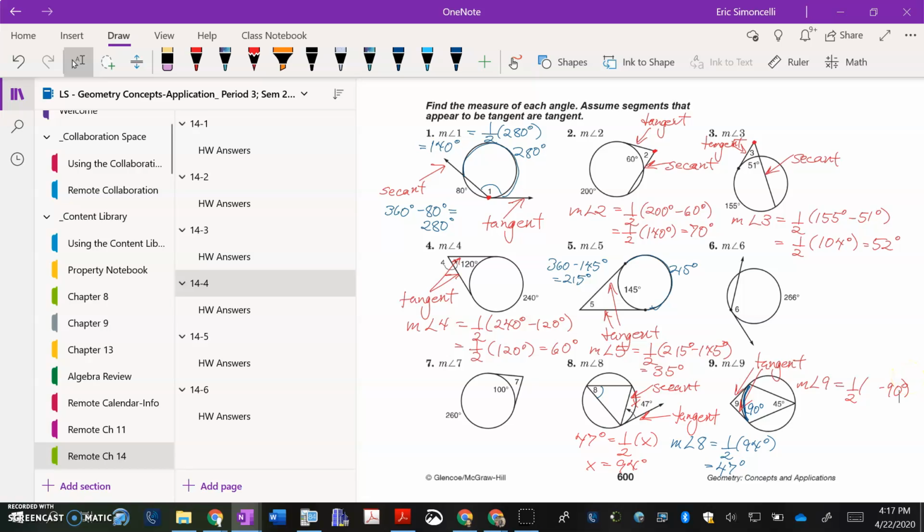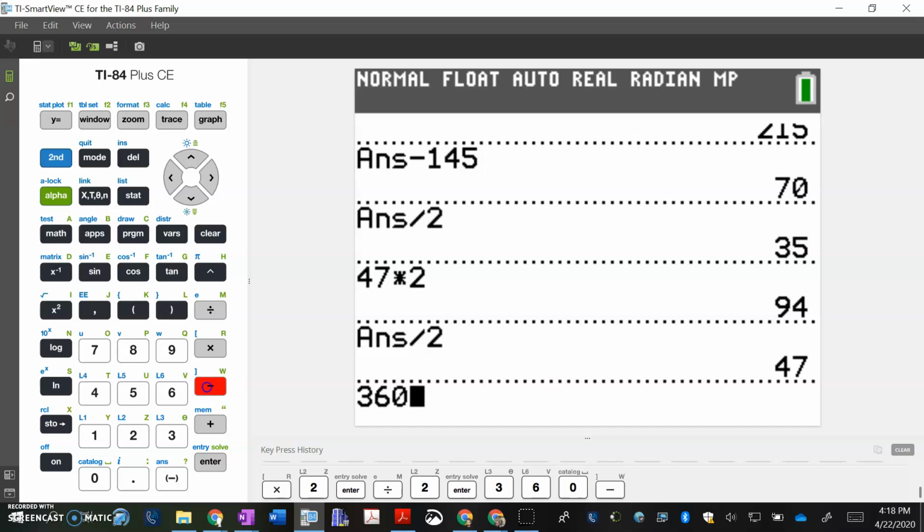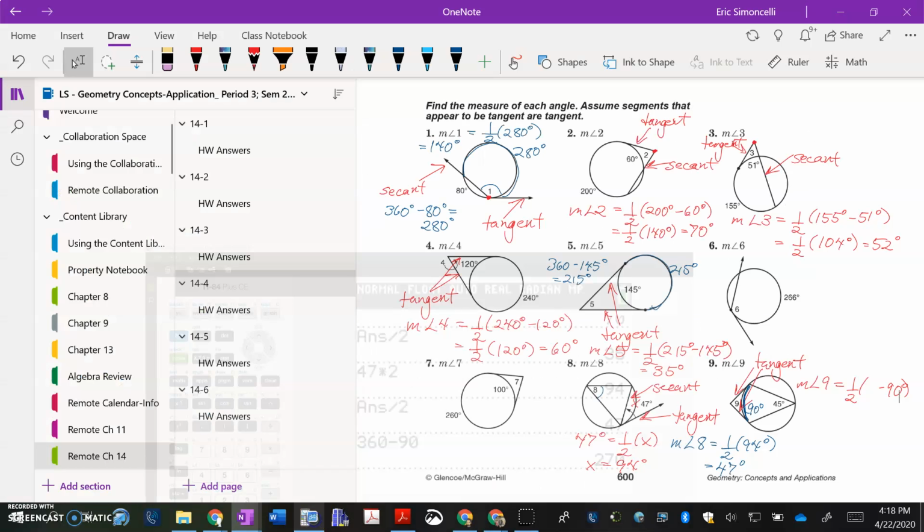We don't yet, however, have the larger of the two arcs. That simply results from taking 360 minus 90, which should end up being 270.